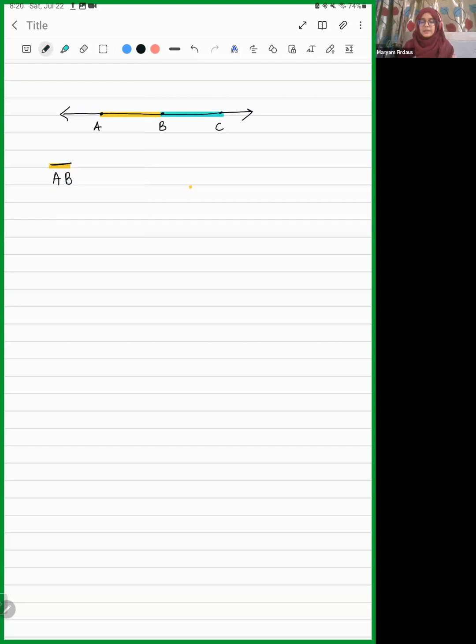Yes, it is a line segment, but what we just now saw, the yellow portion that I've colored, the name of it is line segment AB. What will be the name of the blue portion? Line segment BC. Yes, it will be line segment BC. Is that clear, Avni? Okay, ma'am. Only the BC part itself we are taking.